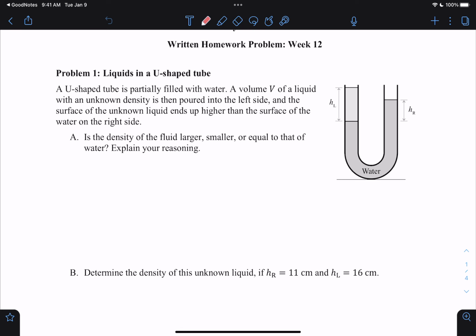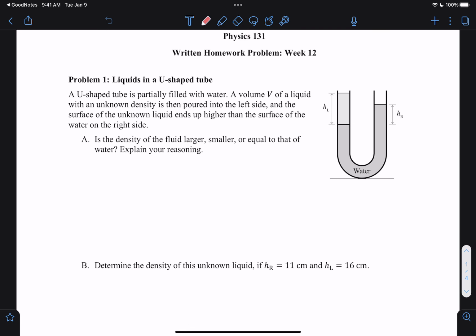So for this first problem, liquids in a U-shaped tube. It says a U-shaped tube is partially filled with water. A volume V of a liquid with an unknown density is then poured into the left side, and the surface of the unknown liquid ends up higher than the surface of the water on the right side.